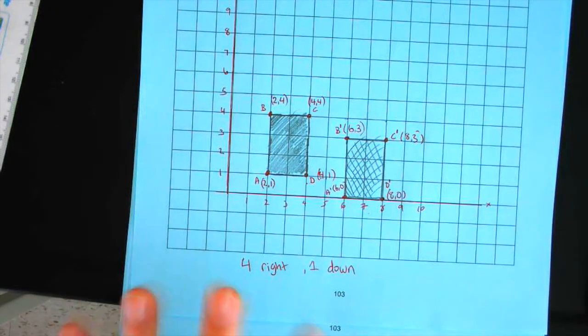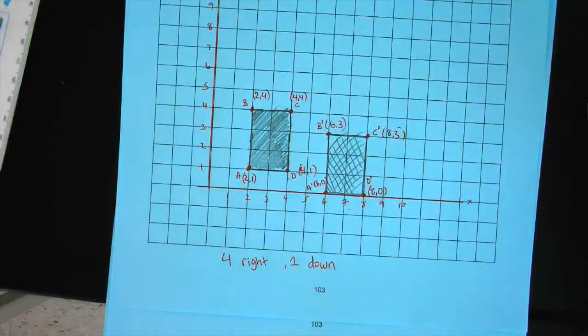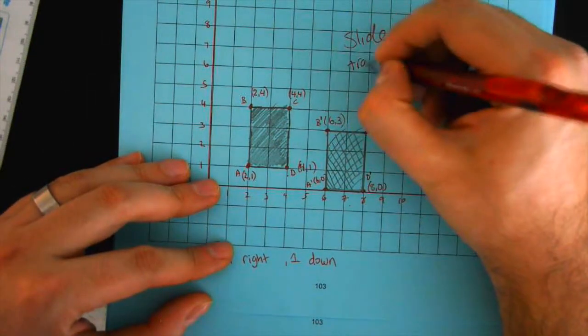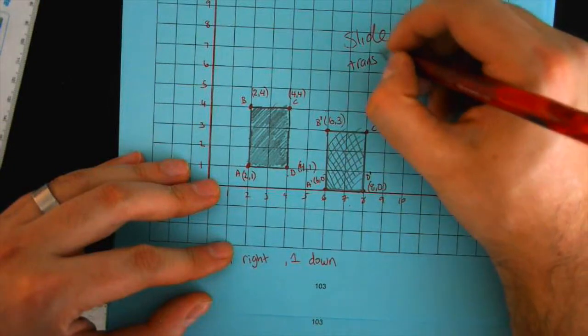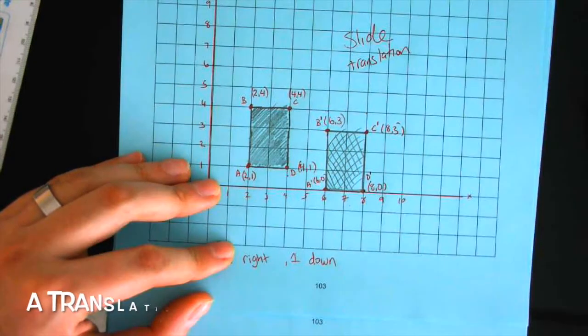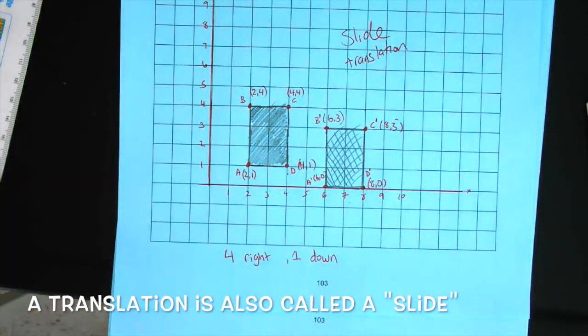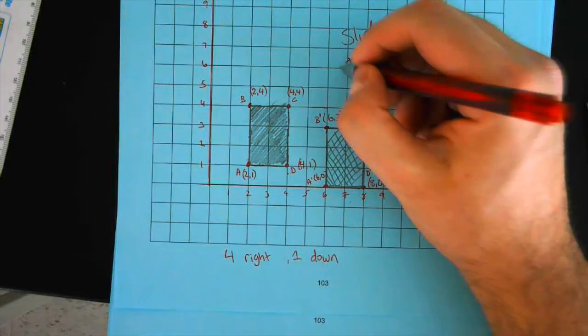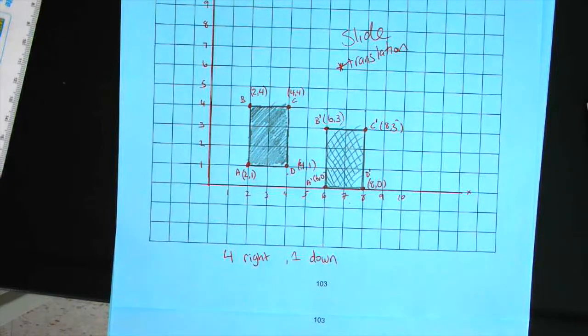So now this is a slide. Well, we called it in grade 3 a slide, but it's called a translation. Okay? Translation. So this is a translation. This is the word to use.